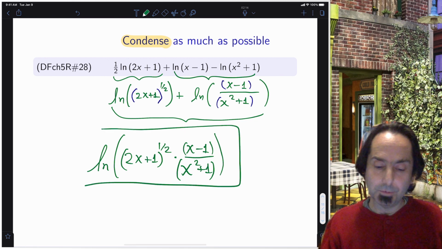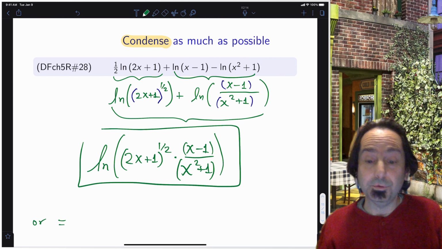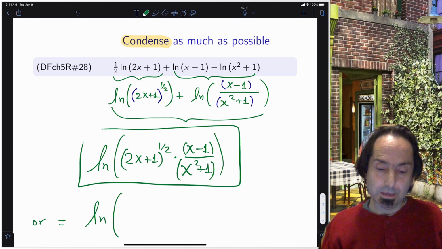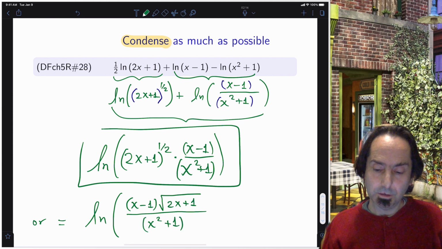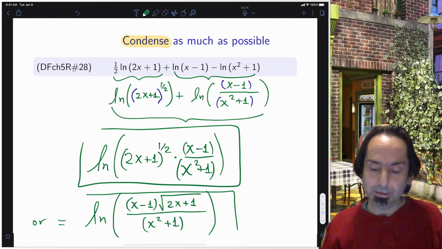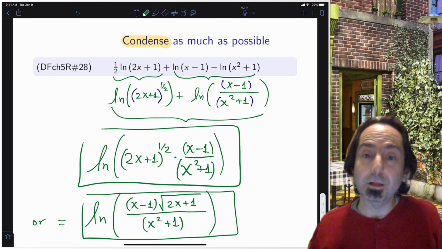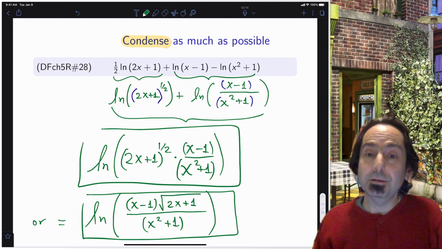And we could just put our box around there, or if you like square roots, this does equal, how about x minus 1 first times the square root of 2x plus 1 all over x squared plus 1. And that is also a valid answer, condensed all into one logarithm. Good skill to expand and condense depending what you want.